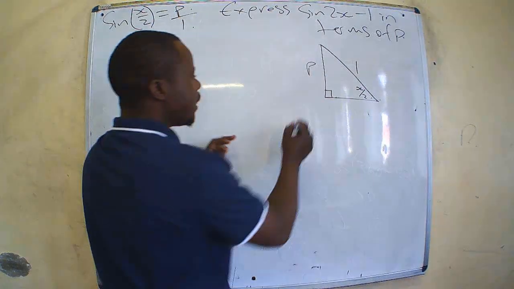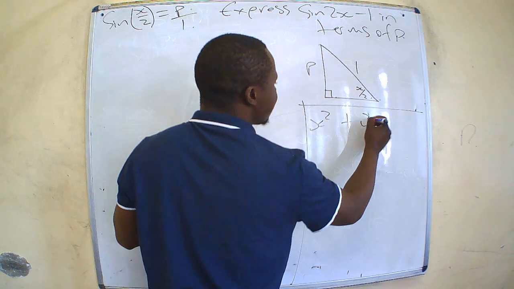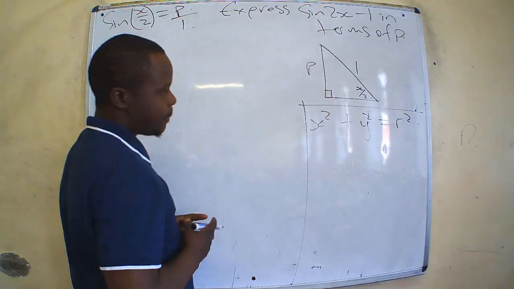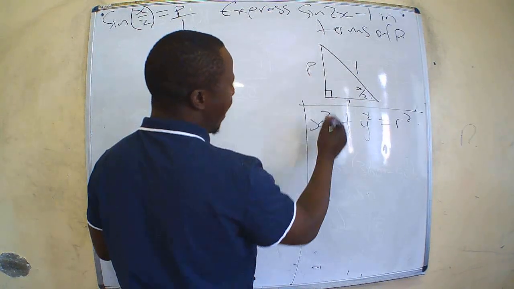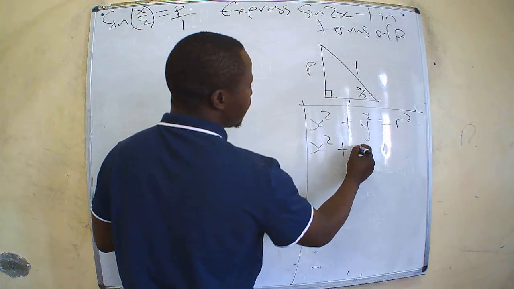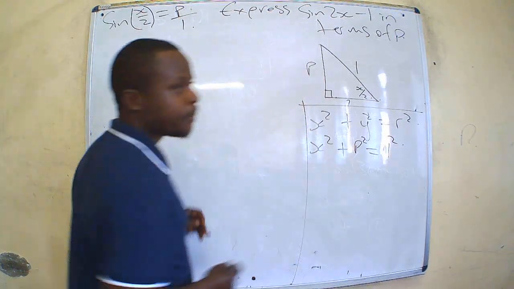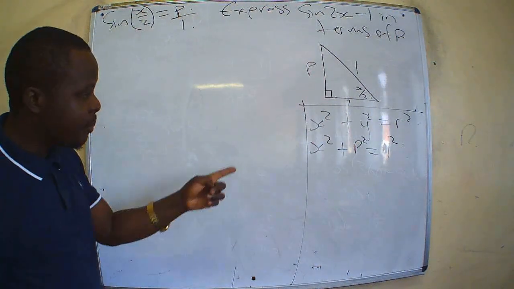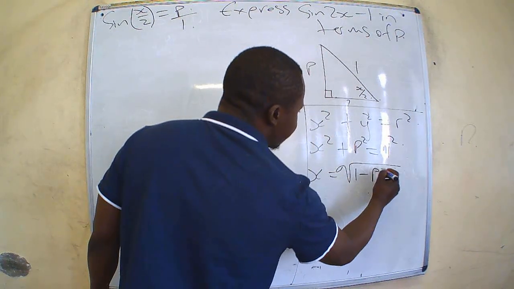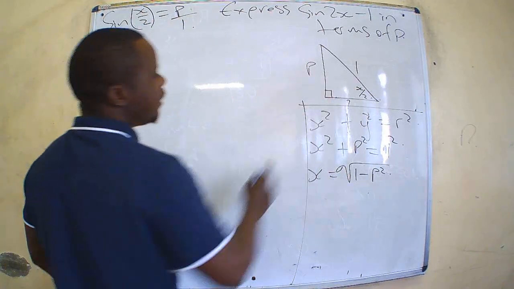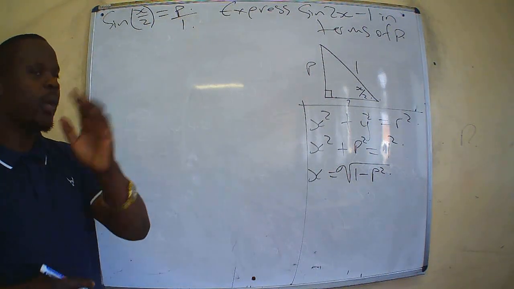Now we need to find the adjacent using Pythagoras: x squared plus y squared is equal to r squared. Our y is p squared, and our hypotenuse is 1 squared. Simplifying, x is equal to the square root of 1 minus p squared. So we found the adjacent side, which is the square root of 1 minus p squared.